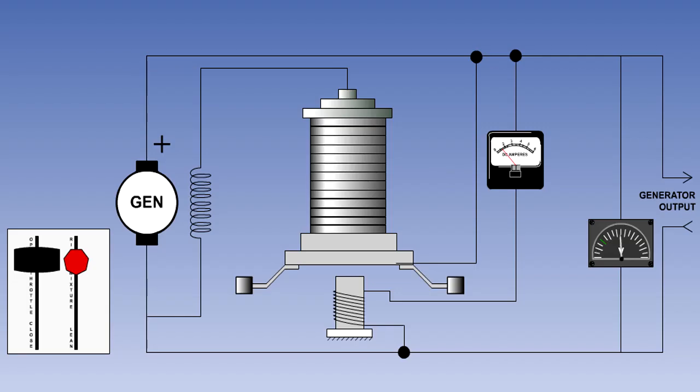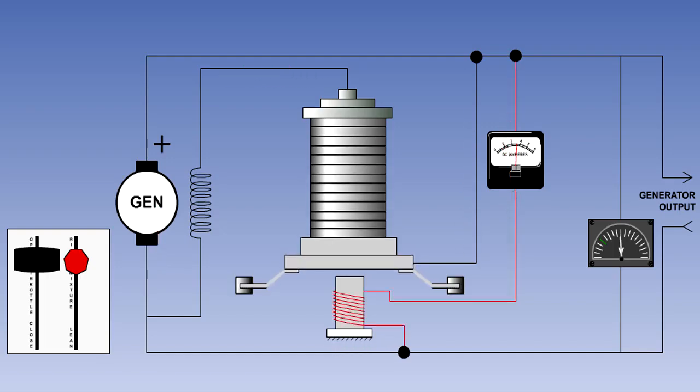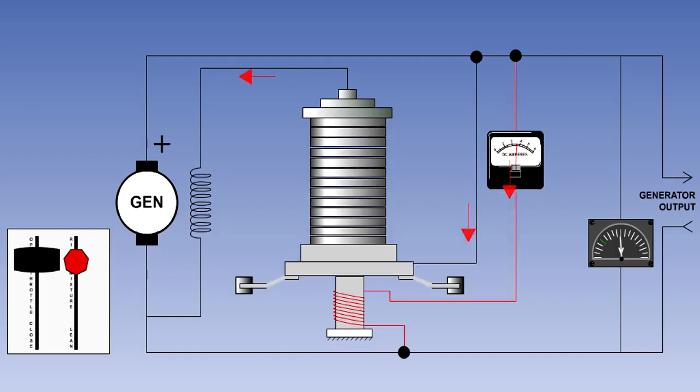If the generator output voltage increases above its regulated value, possibly because the engine is accelerated, then the control coil current will increase, increasing the strength of its magnetic field. The carbon pile will become less compressed and its resistance will increase.